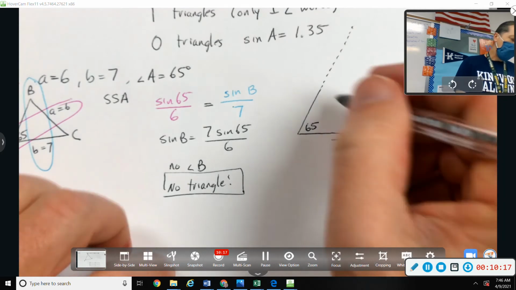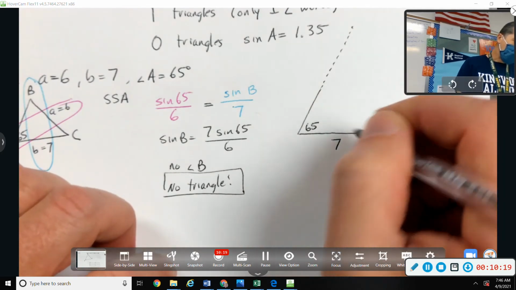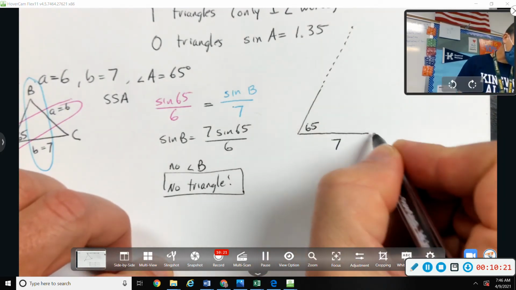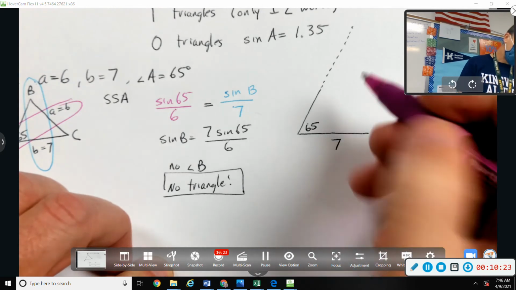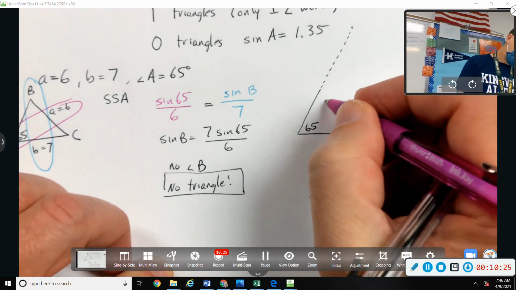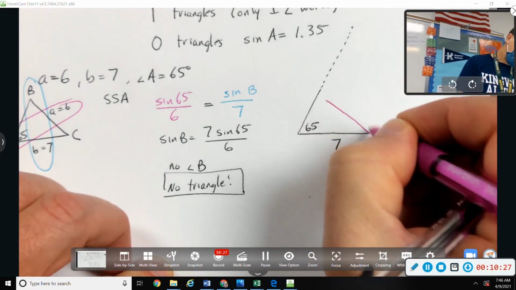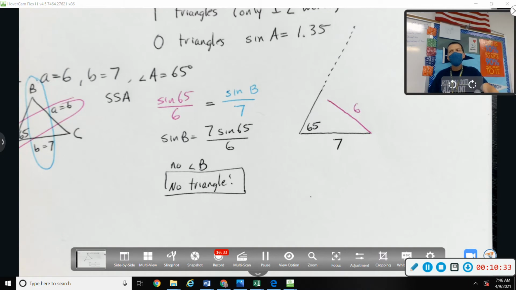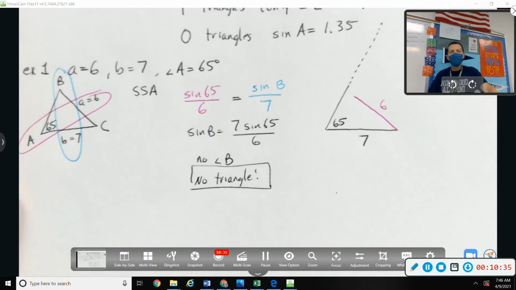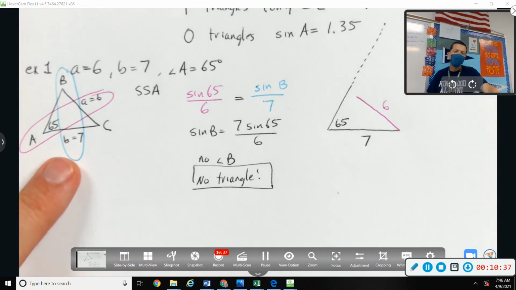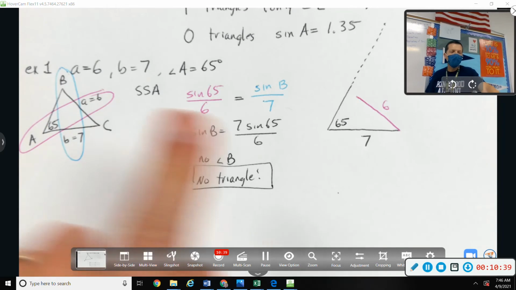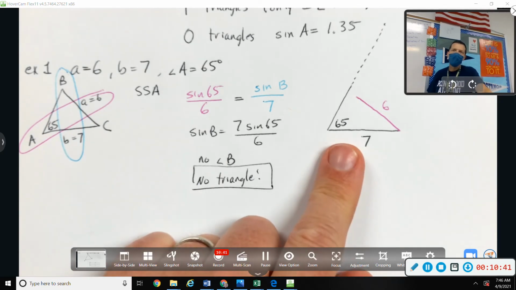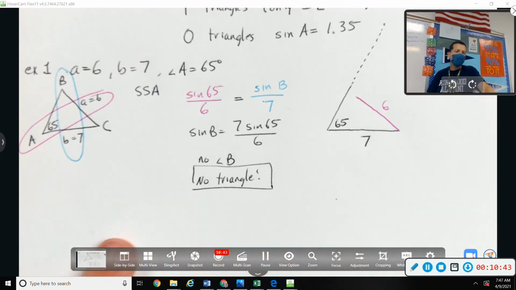And I don't really know this angle, but I do know that this side length was 6. And so it's too short. It doesn't reach the other side. So that's why there's no triangle. So we drew a picture, but our picture wasn't quite right, because if we'd have been more careful, it doesn't work. So that's one of the cases for ambiguous case.